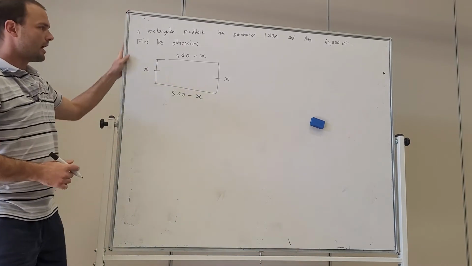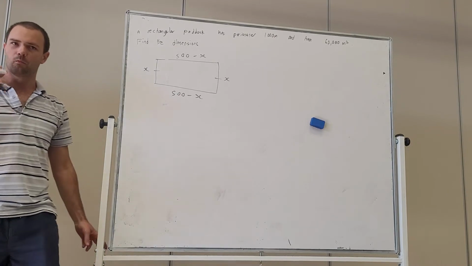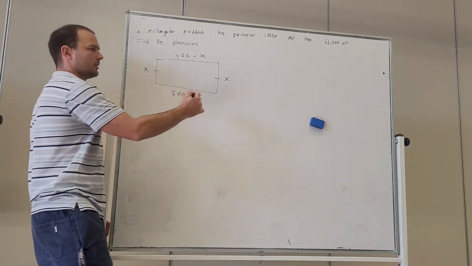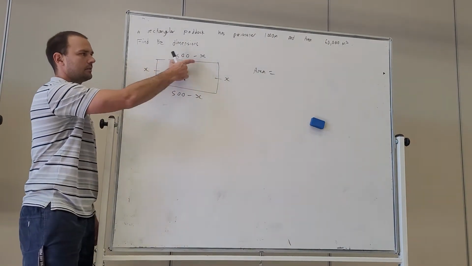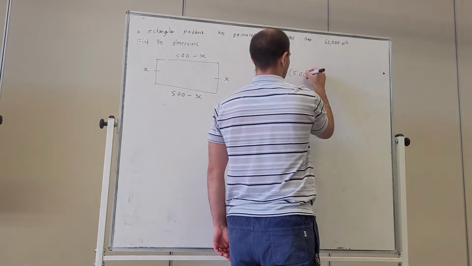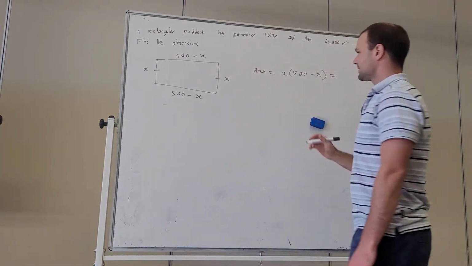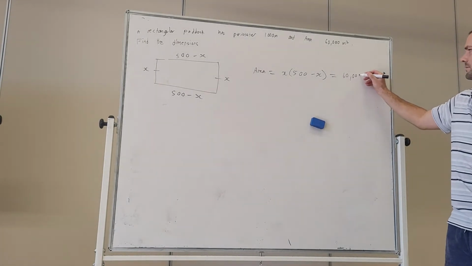All right? And then, okay, so that's the dimensions in terms of x. So then what is the area of this shape? Well, the area is going to be length times width, isn't it? x times 500 take x. And this is equal to, x times 500 take x is equal to 60,000.